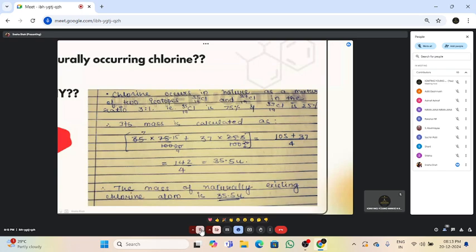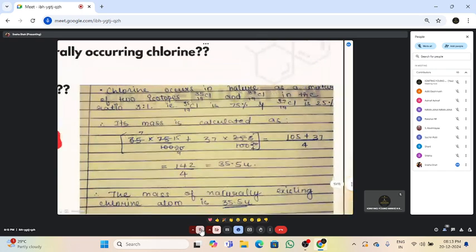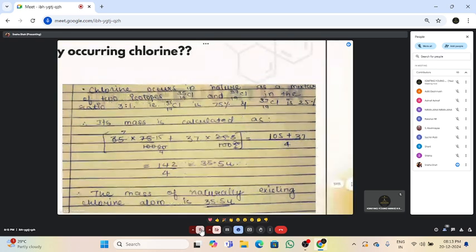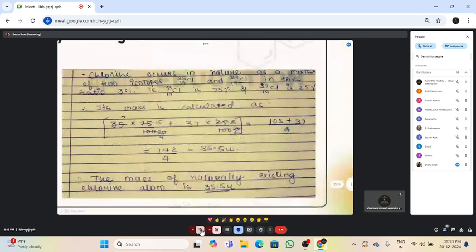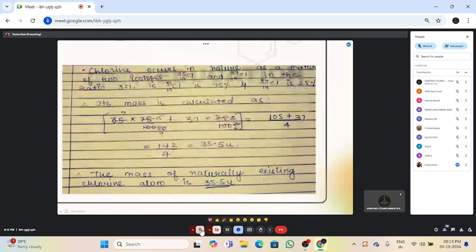So its mass is calculated like this: 35 into 75 percent plus 37 into 25 percent. By calculation we get 105 plus 37 by 4, and that is how we come to the value of 35.5 atomic mass units.